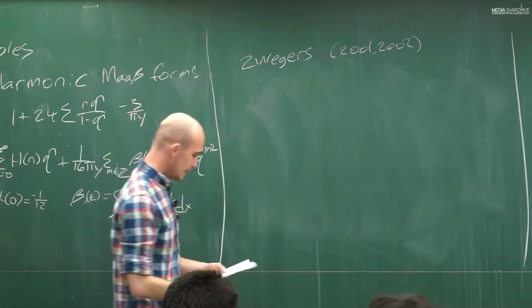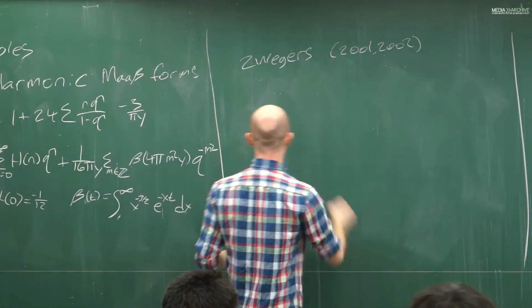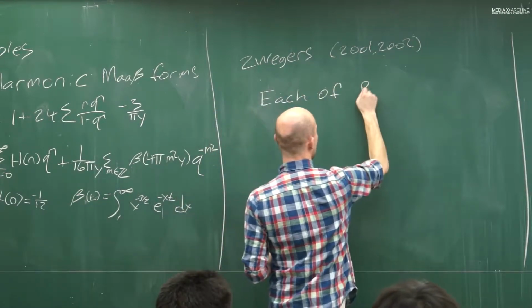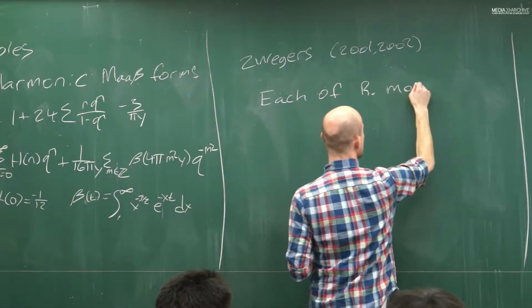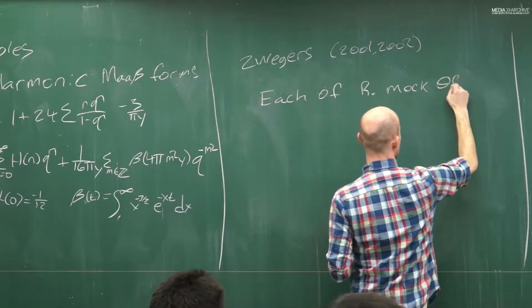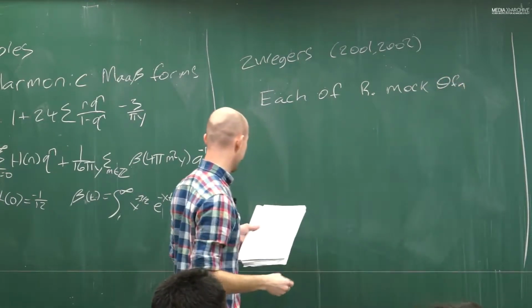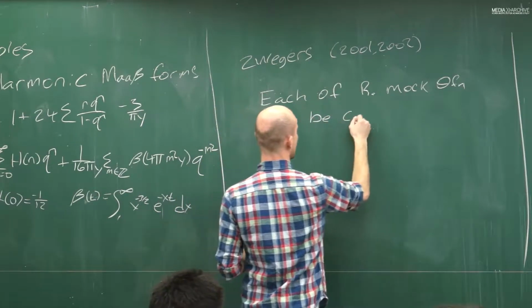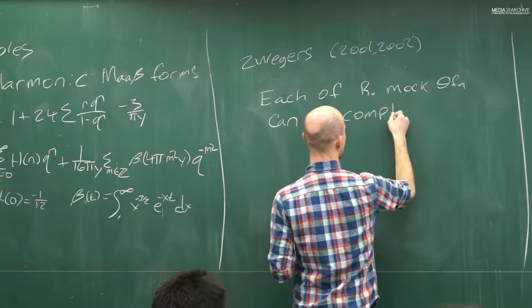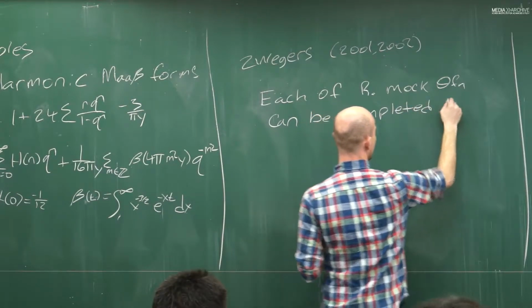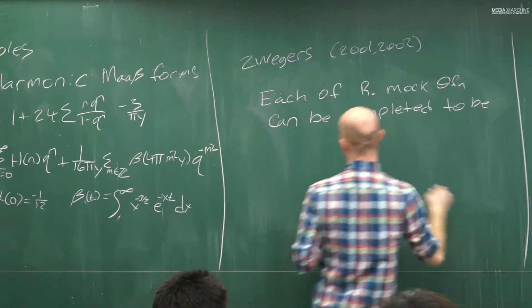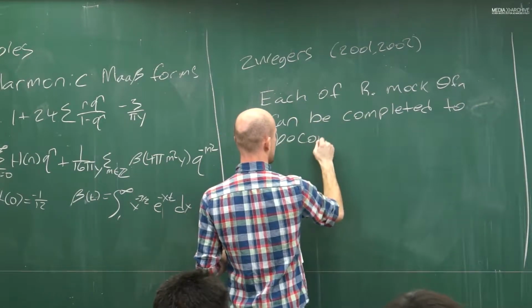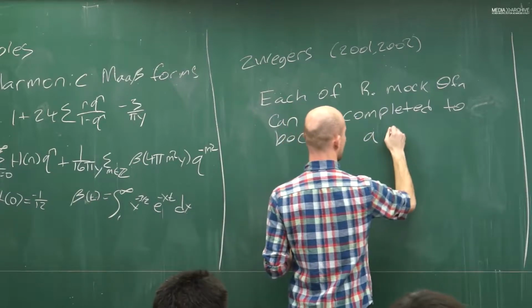In Zwegers' thesis, what he showed was that each of Ramanujan's mock theta functions can be completed to become a harmonic Maass form.